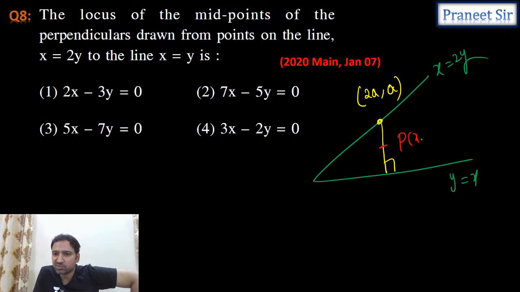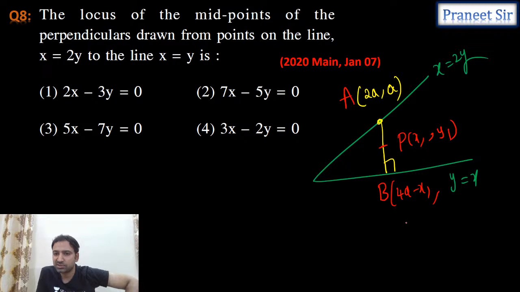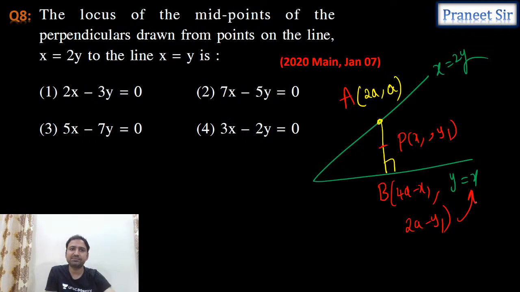Midpoint you can take as x1 comma y1. This point you take as A, and this is point B. So B point I can calculate as 4a minus x1 comma 2a minus y1. So then we can substitute this.